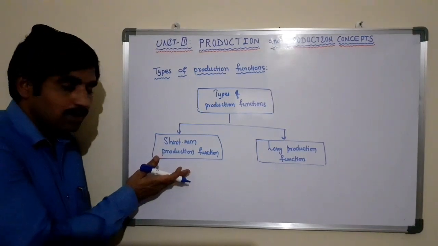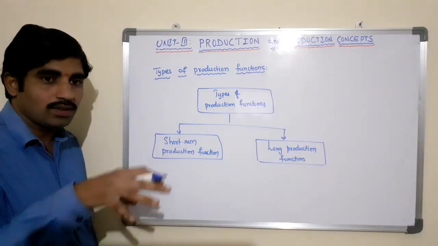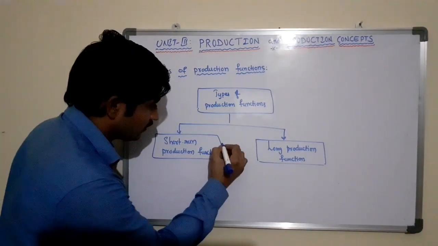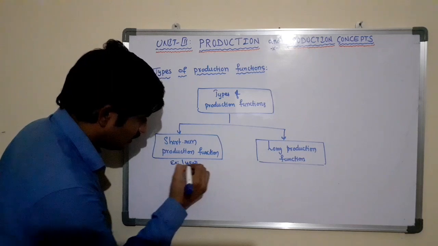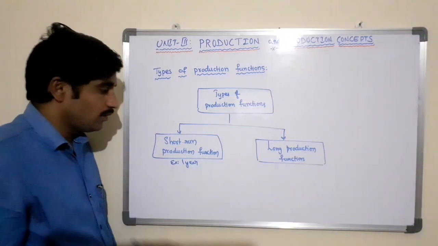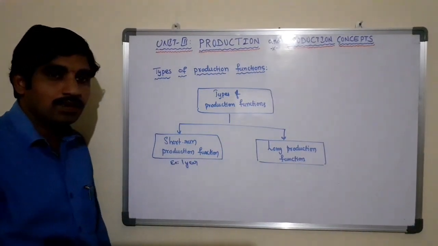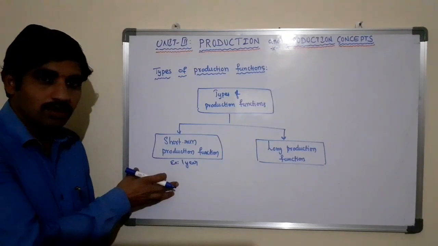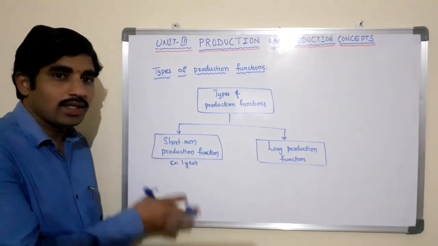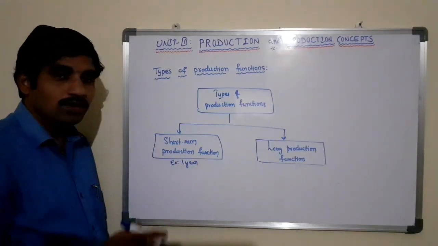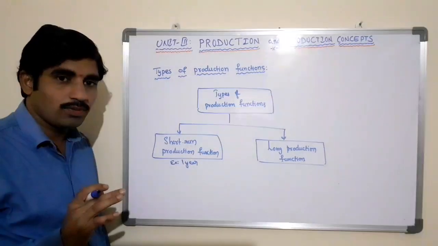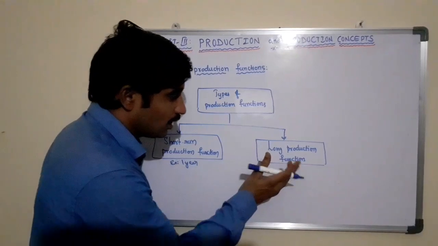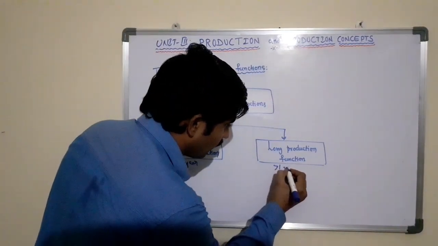So the production that we are conducting for the short period, say 1 year, example 1 year. In the period of 1 year, the production that we are conducting in the business is said to be the short run production. The production function that we are using for producing the products within that particular period is known as short run production function. And the long run production means greater than 1 year.